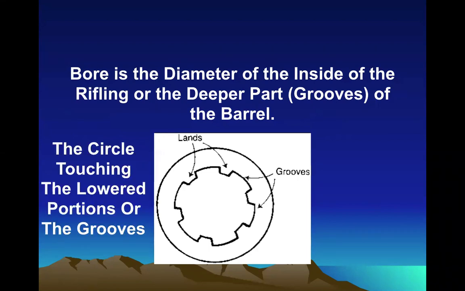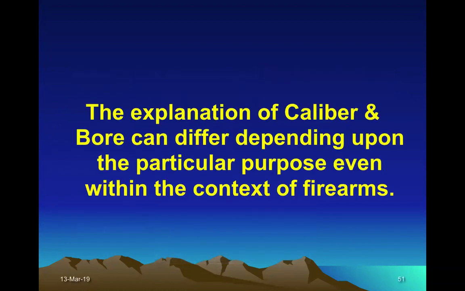This is a picture showing the circle touching the lowered portion or the grooves, which is the bore. The explanation of the caliber and bore can differ depending upon the particular purpose, even within the context of the firearms.